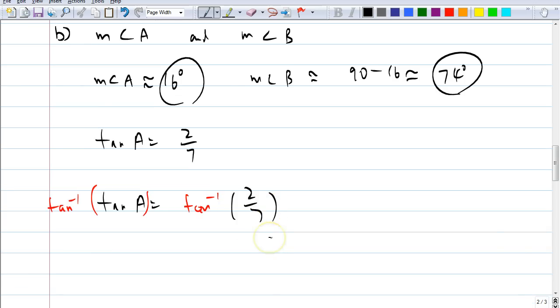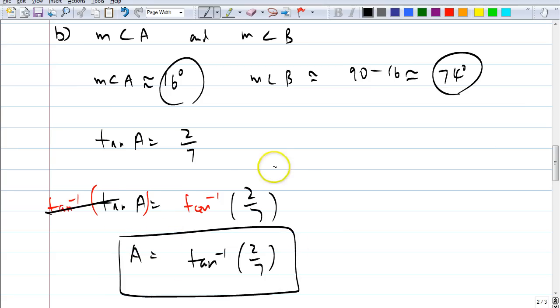Just like x times x to the -1 power is just 1, what happens to tangent to the -1 times tangent? They cancel out. You just get A is equal to tangent inverse of 2/7. That's your exact answer. There's your approximation. Is that okay? And actually, if you wanted a more accurate value than this, you could punch this in your calculator, and it'll get you a lot better approximation than 16 degrees.